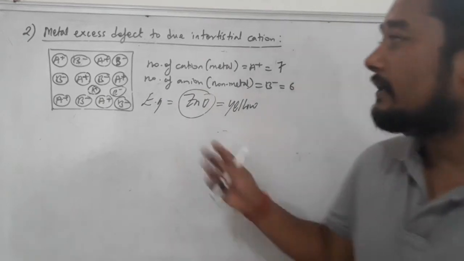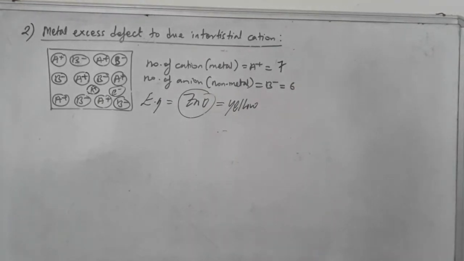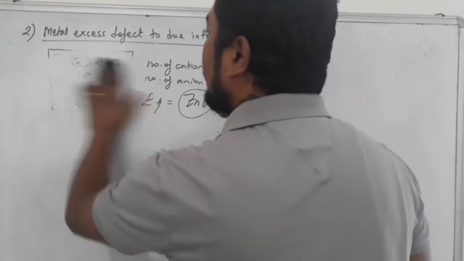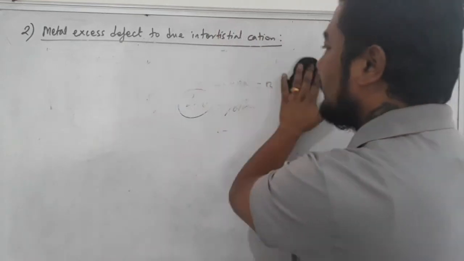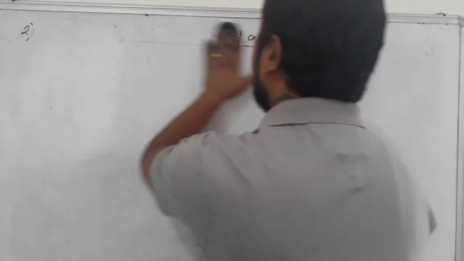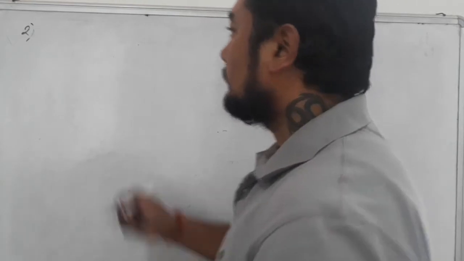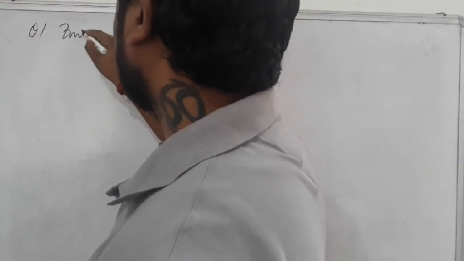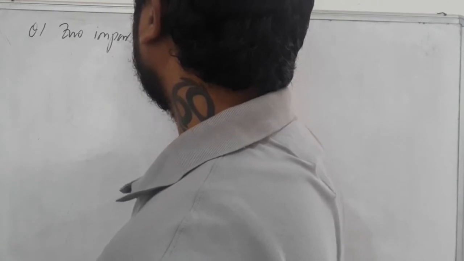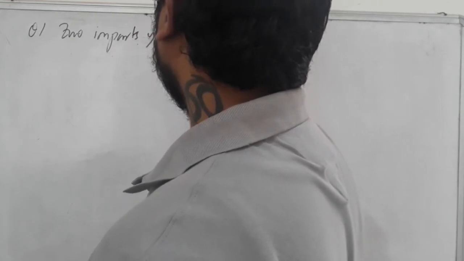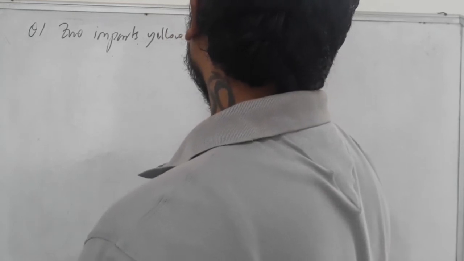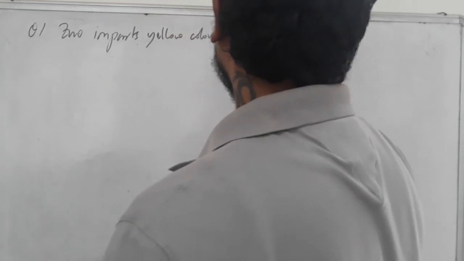Now I would like to give you one application-based question from here. The question is: zinc oxide on heating imparts yellow color, explain.